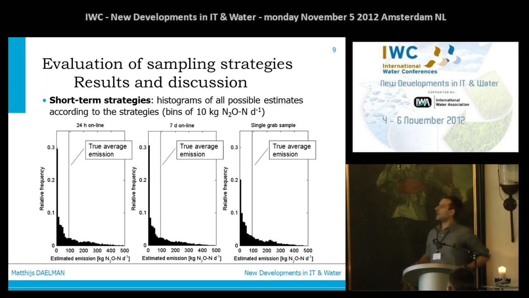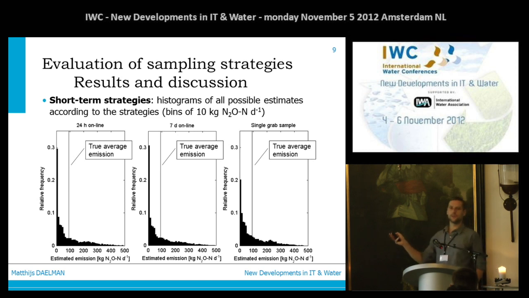Over here you can see 3 histograms. These are for the short-term sampling campaign, so 24-hour online, 7-day online, and a single grab sample. The vertical line indicates the true emission of 91 kilograms of nitrous oxide nitrogen per day. And as you can see, there is a rather high chance to come up with a very low estimate.